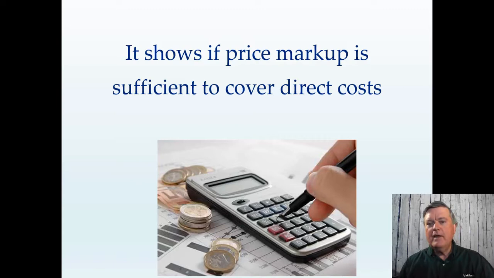Pretty soon, it's costing us more to sell a widget than if we didn't sell it. We'd be better off not doing business. And so that's why we want to watch that cost of goods sold at the very basic level.